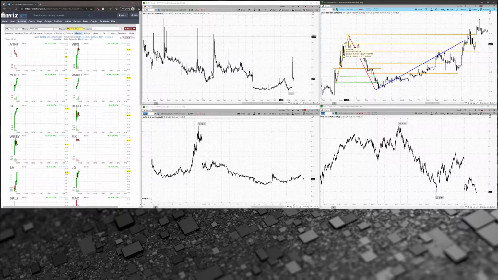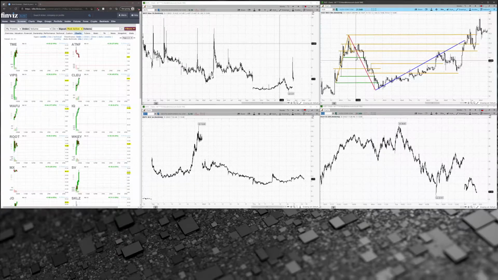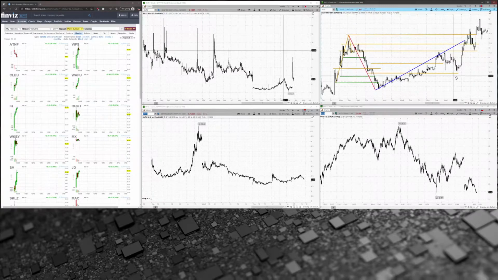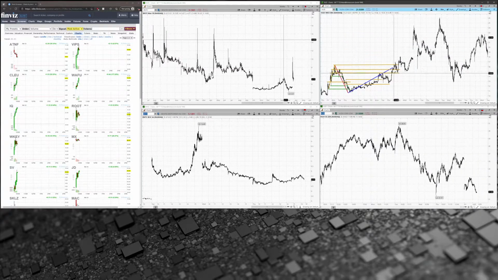And then a continuation is a failure of a failure. So continue in the same direction, we fail, and then we failed this failure by making a new high again. Continuation. From there, continue to go higher, and it creates new levels along the way.